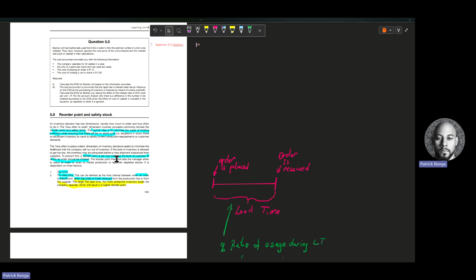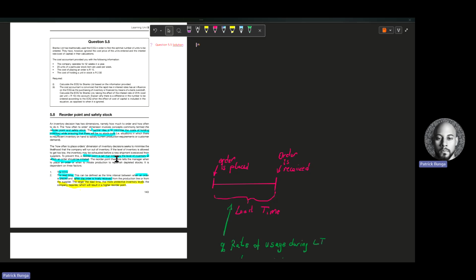So the central idea is to minimize the cost of holding inventory. Because when you are talking about reordering point, you want to minimize the cost of holding the inventory while ensuring that there will be no stockouts, right?